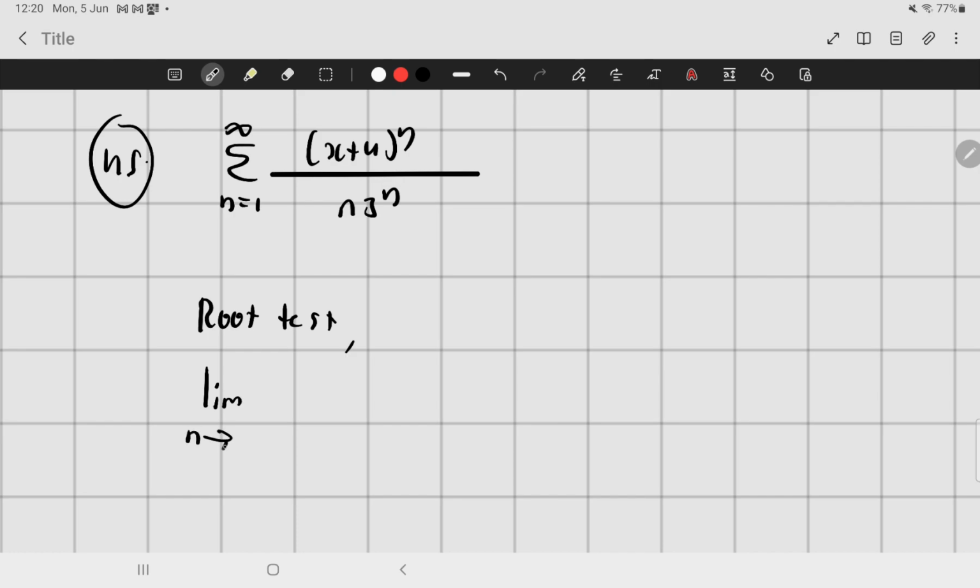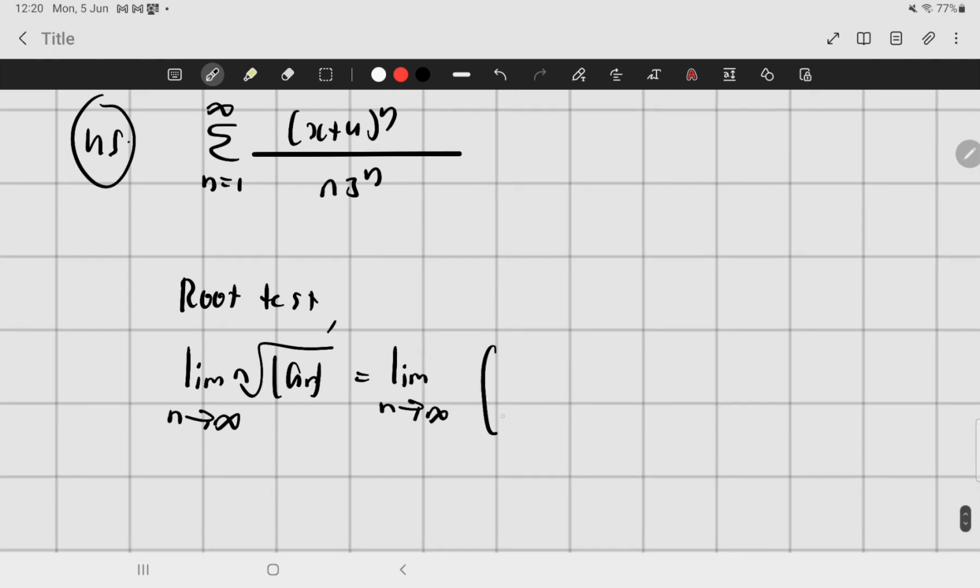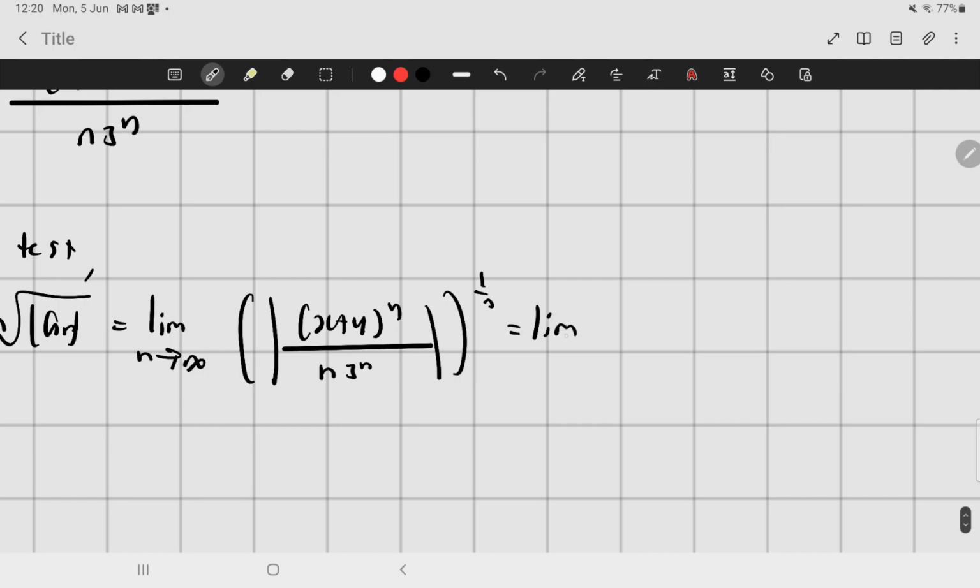The limit as n approaches infinity of the n-th root of a_n, that's the value, is x plus 4 to the power of n over n times 3 to the power of n, all to the 1 over n. Limit as n approaches infinity, we know that this is x plus 4 over, and the bottom will be n to the power of 1 over n times 3. So basically 3.